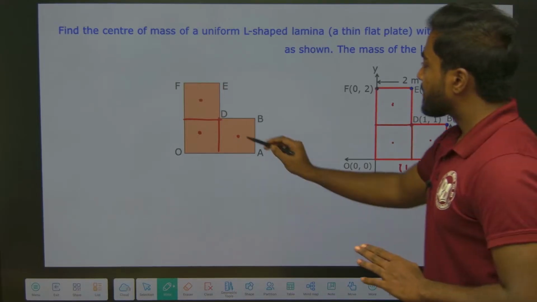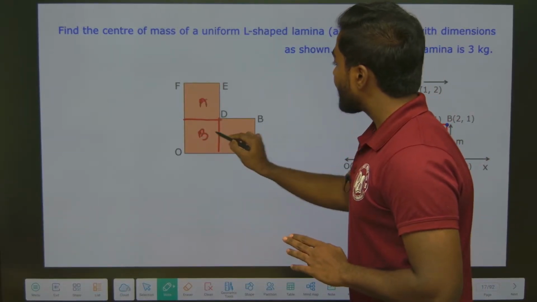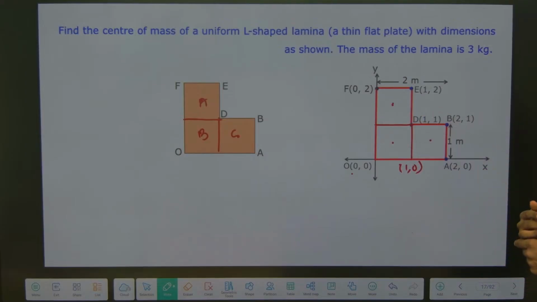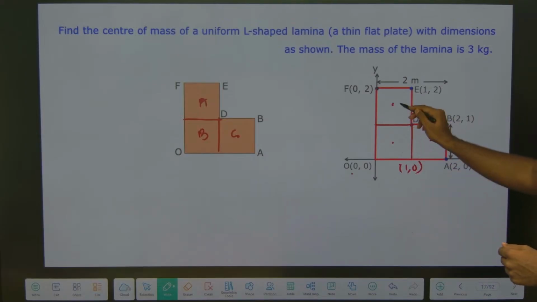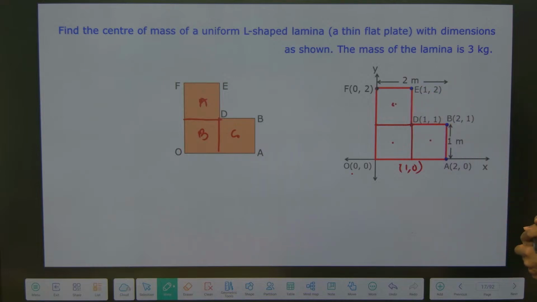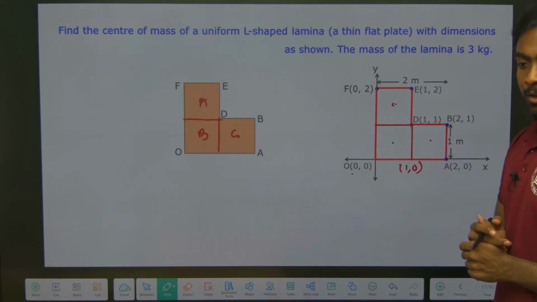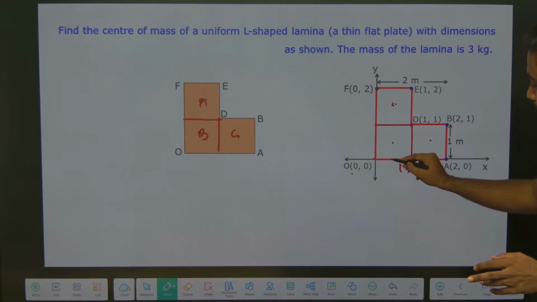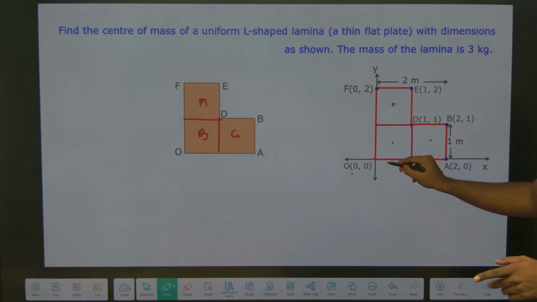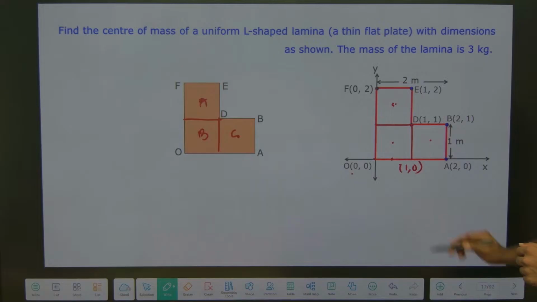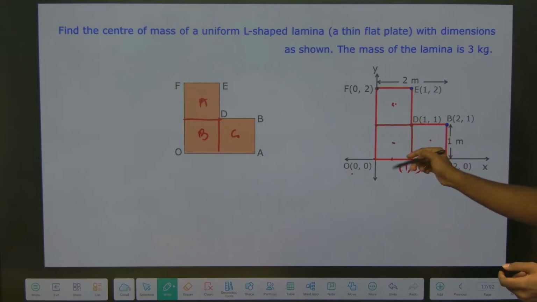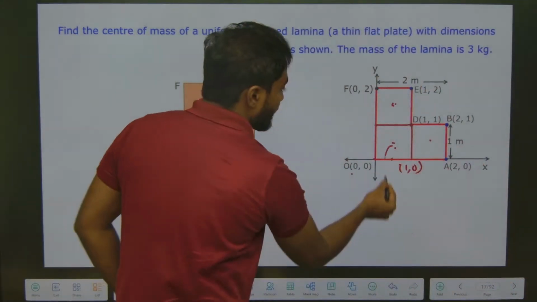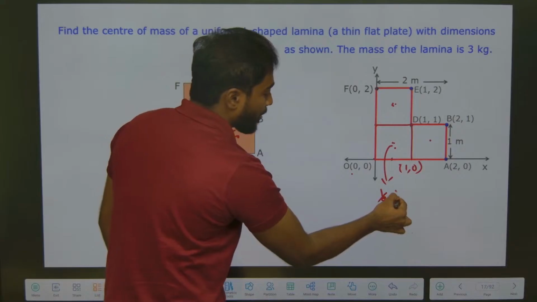Let me call the parts A, B and C. For A, the point I should know: 0 and 1, divided by 2, gives x as 1 by 2. For y, again 1 by 2. So the center is 1 by 2, 1 by 2.